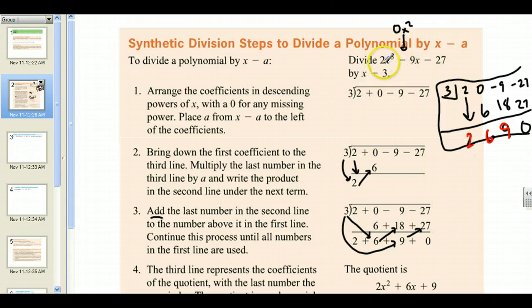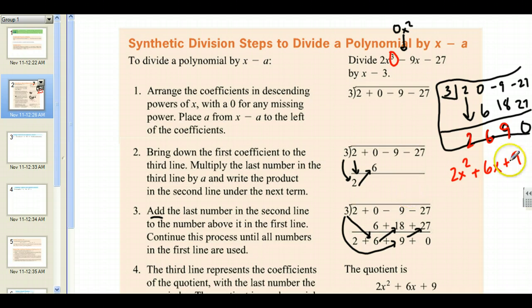Now, what does this mean? This was a cube, so we go down a power. So this is a 2x squared plus 6x plus 9. Everything is shifted down. So it went from a highest power of 3 to a highest power of 2. And then this is our remainder. There is no remainder, so we don't have to write the plus 0.